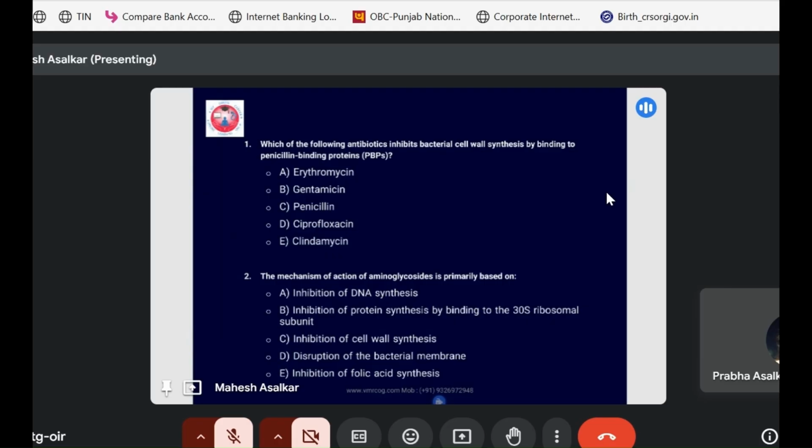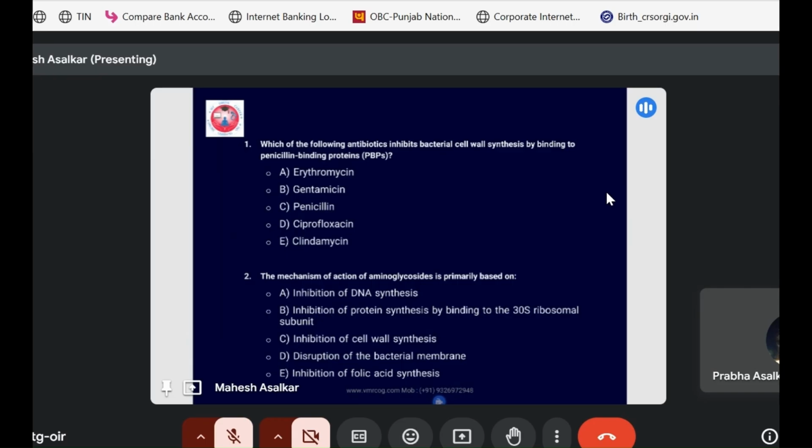Even if they ask you only about cell wall synthesis, and they may not mention the penicillin binding protein, penicillin is the antibiotic which acts there. And on the mechanism of action of antibiotics, at least one SBA will always be there. So please concentrate on the mechanism of action of various antibiotics. Penicillin will inhibit the bacterial cell wall synthesis.